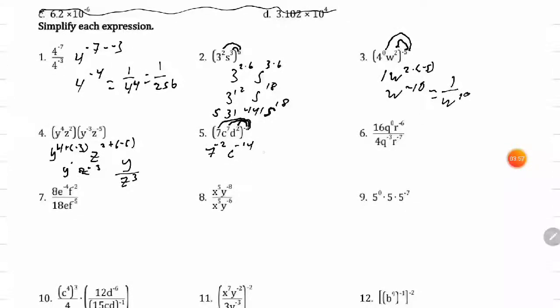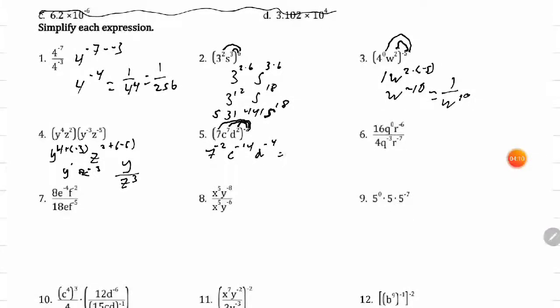And d to the second becomes d to the negative 4. Okay? So all these are negative, so everything's going to go in the denominator. So I'm going to have 1 over 7 squared, which is 49, c to the 14th, d to the 4th. And that's it.